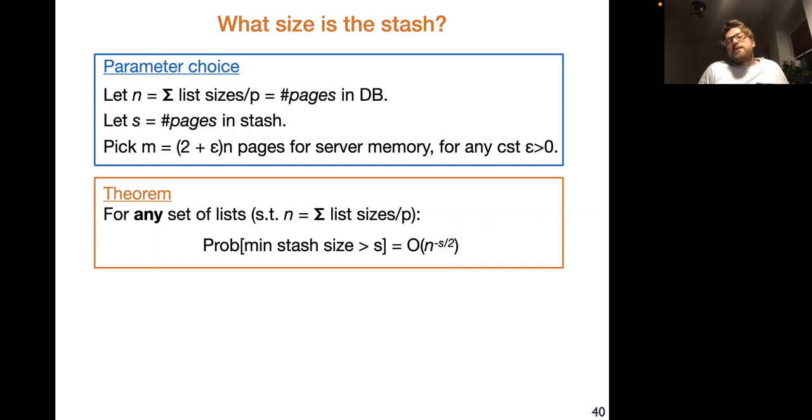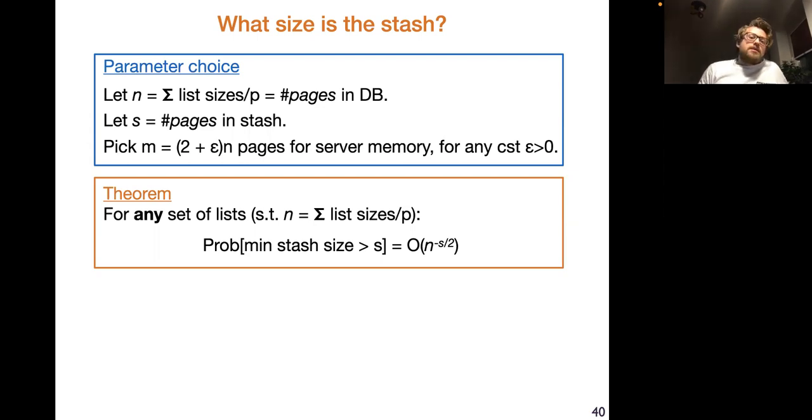Then we pick m as 2 plus epsilon times n, m being the server storage that the server needs in order to store the encrypted database. So on the server, we allocate 2 plus epsilon times n pages, and epsilon can be any constant. In practice, we chose 0.1 for our experiment, so around 2.1. You can think of it like a bit more than 2 storage efficiency.